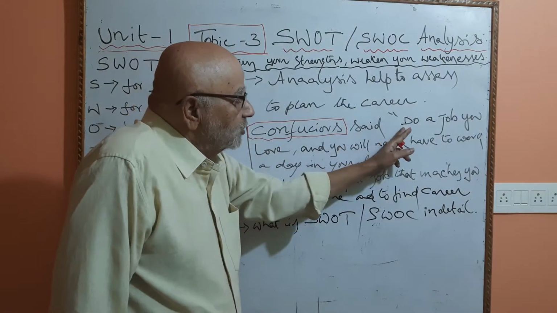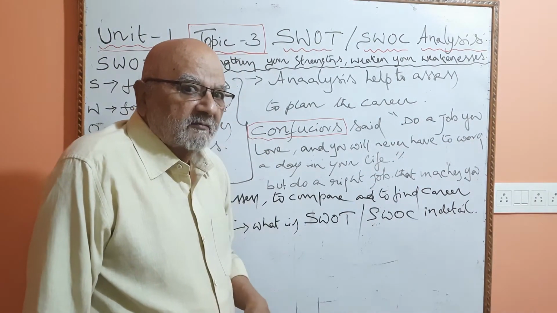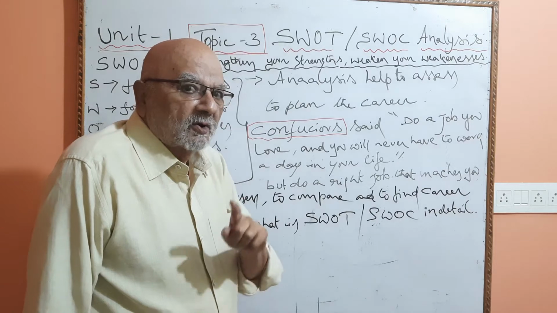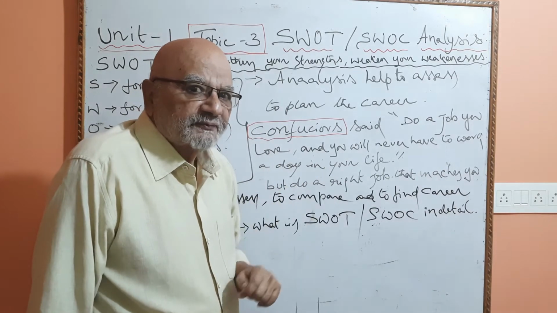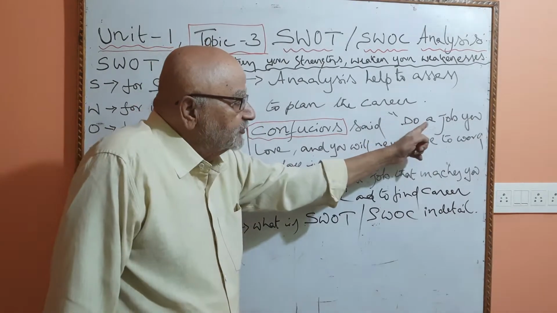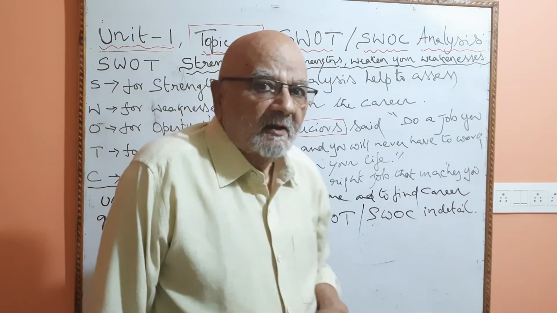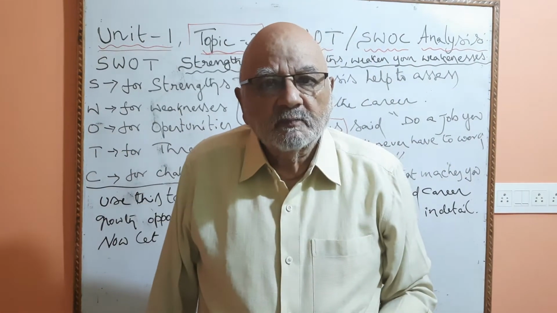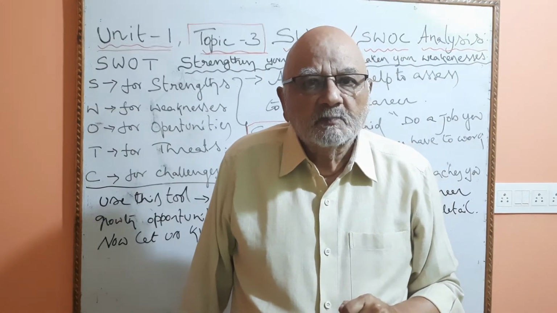Confucius said, do a job. See, he is reminding you, don't do different jobs, odd jobs, which are not suitable. Do a job you love. So one must love the profession, otherwise he will not be successful.